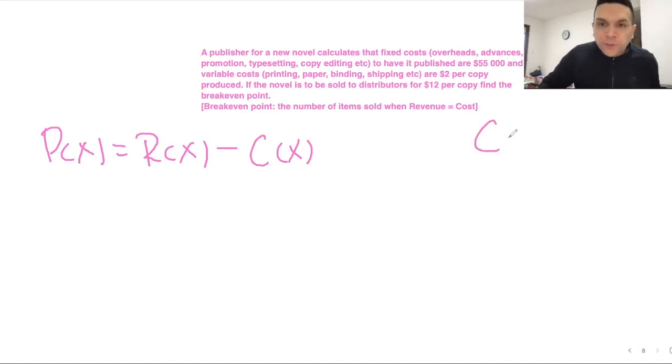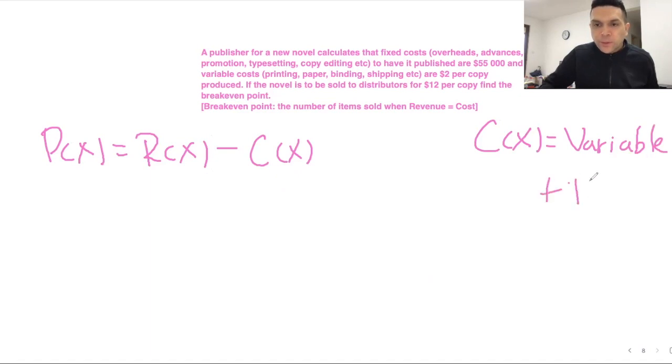Now for costs, we're going to have variable and fixed. Variable would be the number of units they sell, because it varies, and fixed would be rent, phone bills, internet bills, things that they have to pay no matter how many units they sell.